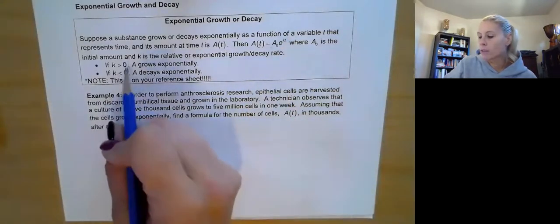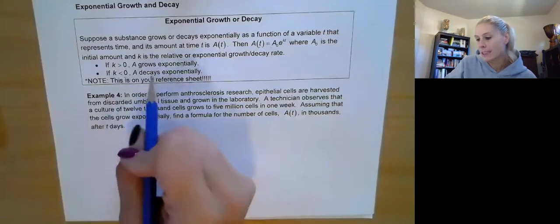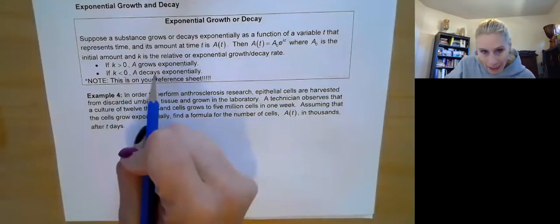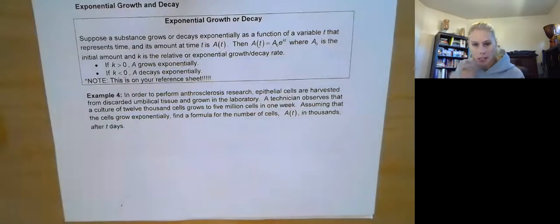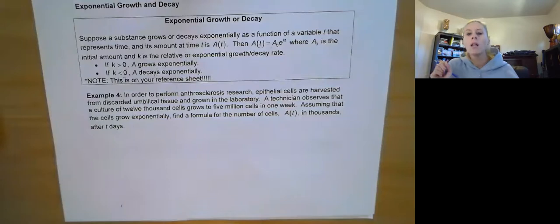So if K is greater than 0, it grows exponentially. If K is less than 0, it decays, okay? So we got to pick this up. There are going to be a few tricks with this. Another thing you want to keep in mind is, what is the question actually asking me to do, okay?